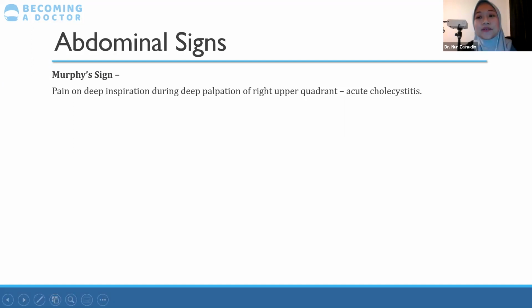Very good. So right upper quadrant pain, especially in deep inspiration when you palpate the right upper quadrant, can be a sign of acute cholecystitis.